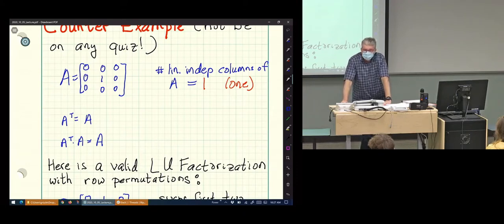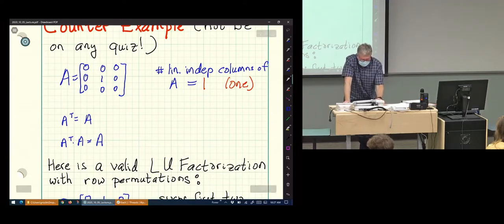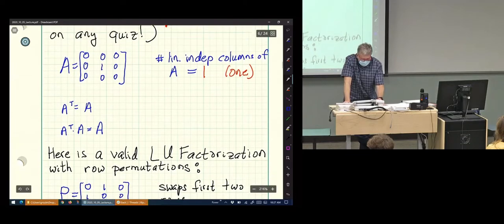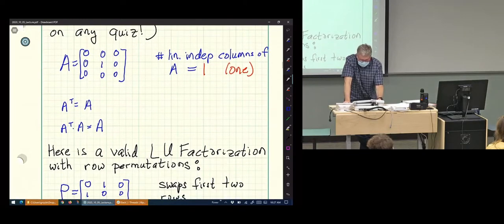Okay, so all the columns need to be linearly independent if you want the equation AX equals B, for example, to have unique solutions. And so we don't have as many columns linearly independent. So that's what is important there.